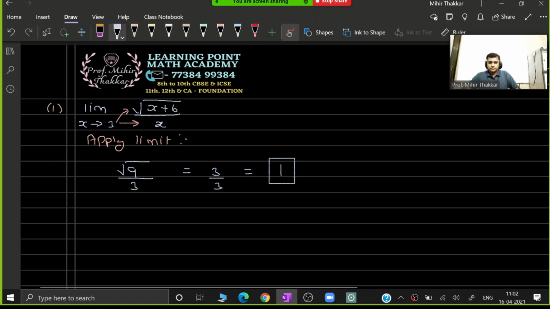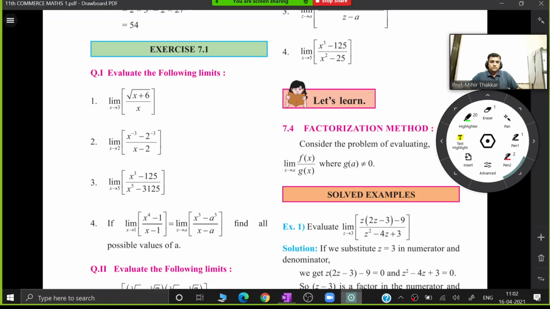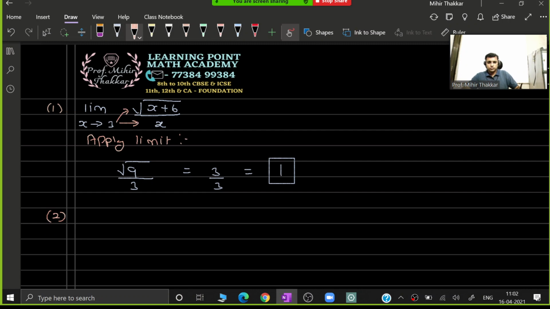Number 2. The second question over here says limit x tends to 2, x raised to minus 3 minus 2 raised to minus 3 upon x minus 2.